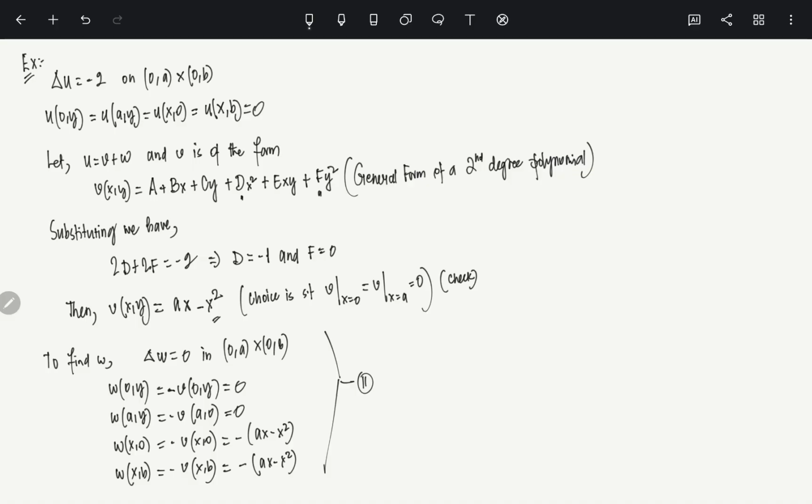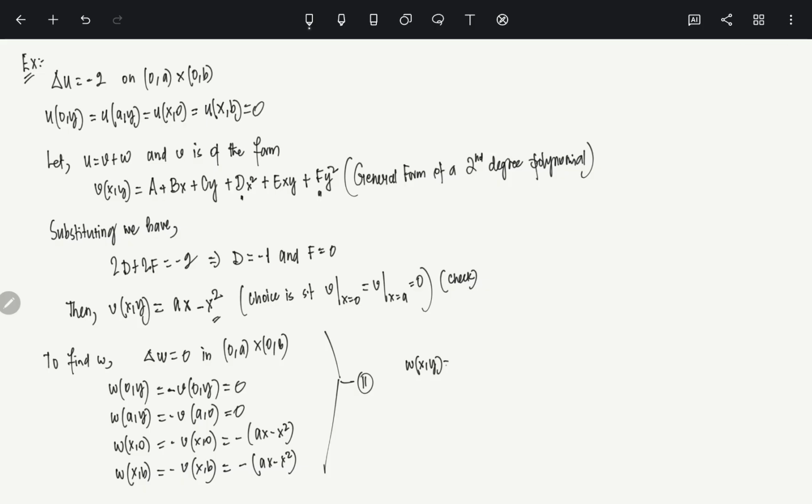Of course, you know what to do. You use separation of variables and solve this problem. You can easily do it. Of course, you have to do some work, but it can be done. And I will tell you what the solution is. So essentially, the solution here will look like this.